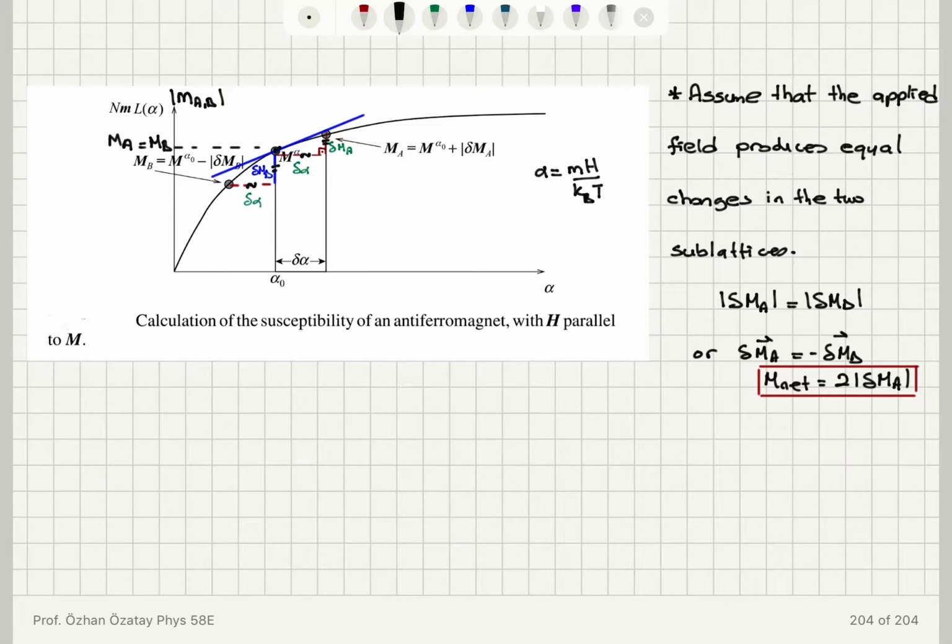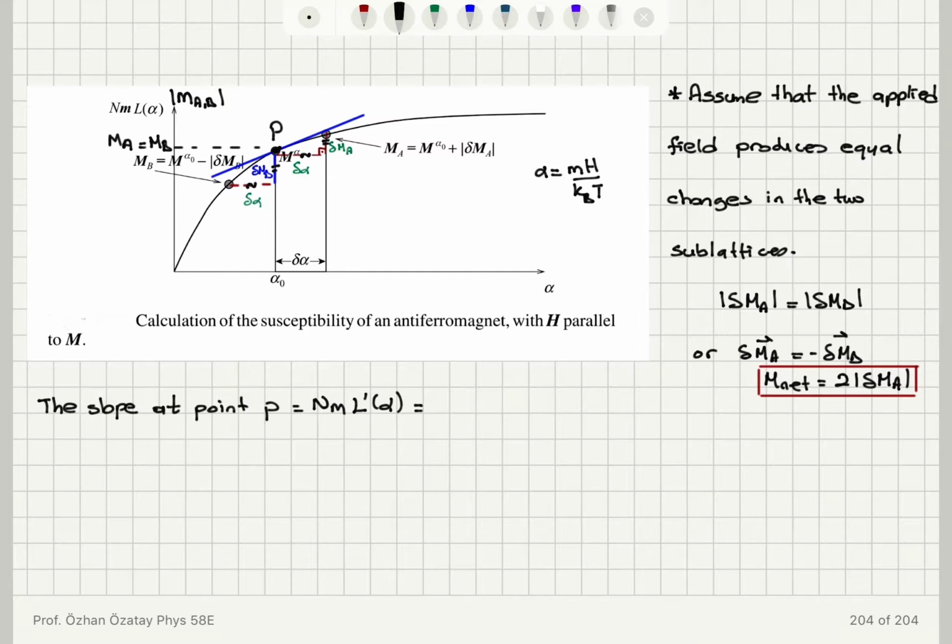So I call this point P. If I look at the slope at point P, it is going to be equal to the derivative of the Langevin function. So it will be N m, Langevin function derivative with respect to alpha.